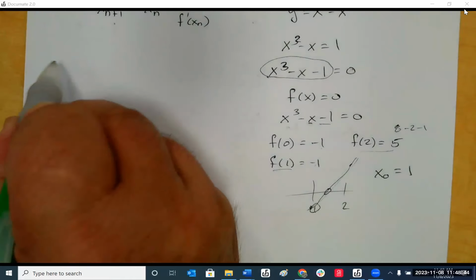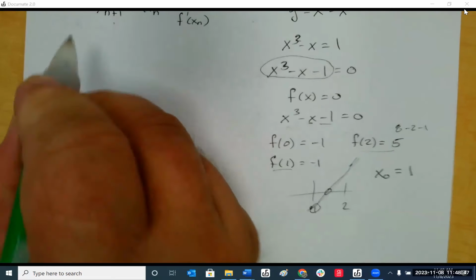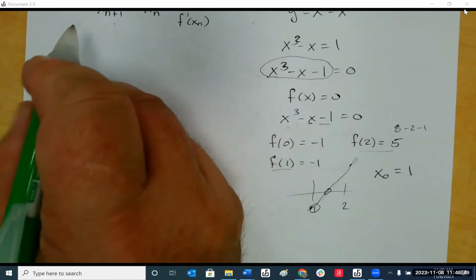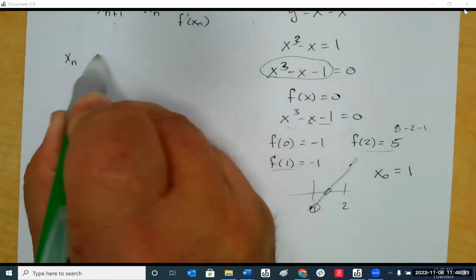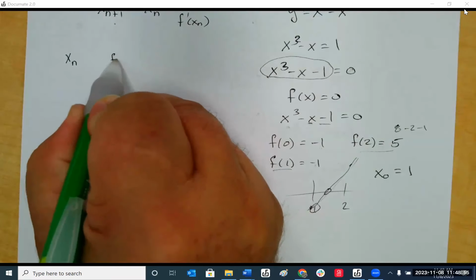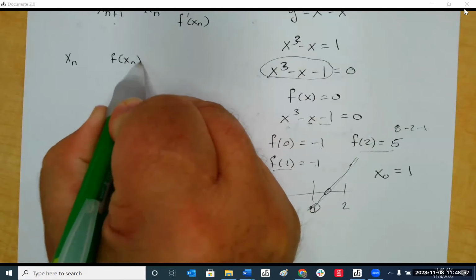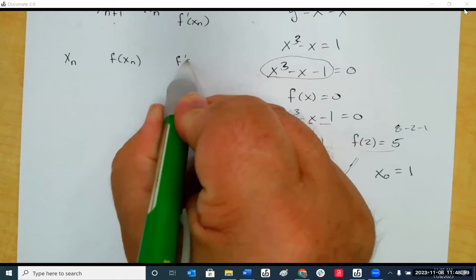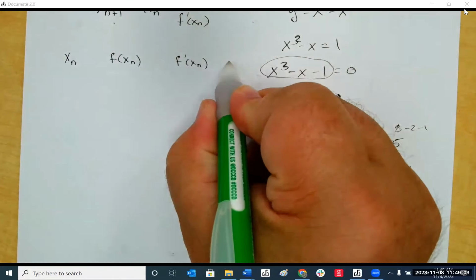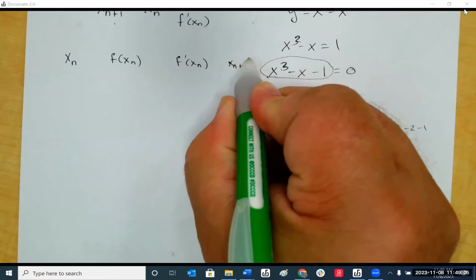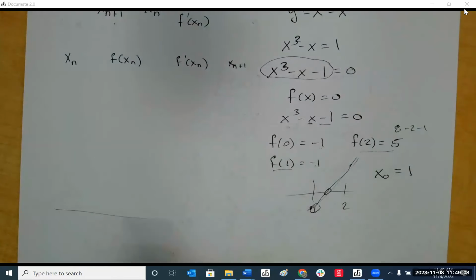Okay, so we need to know our n, our f of x sub n, our f prime of x sub n, and our x sub n plus 1. Let me just do it down here so I have more room.